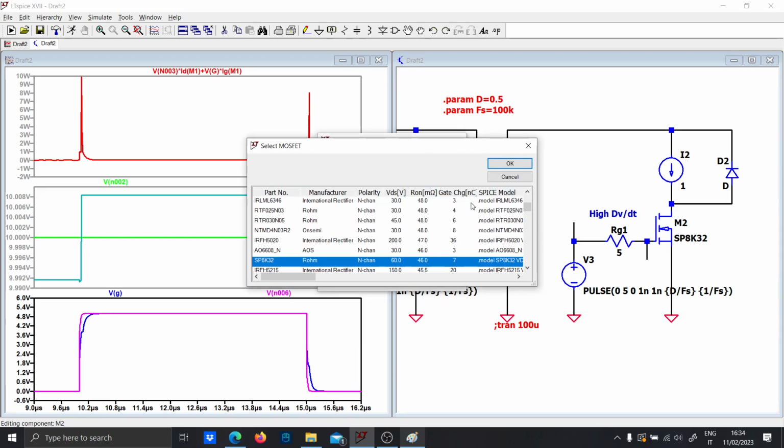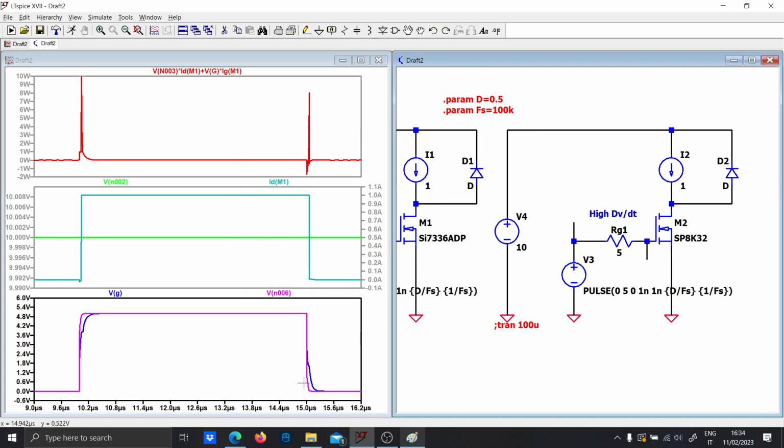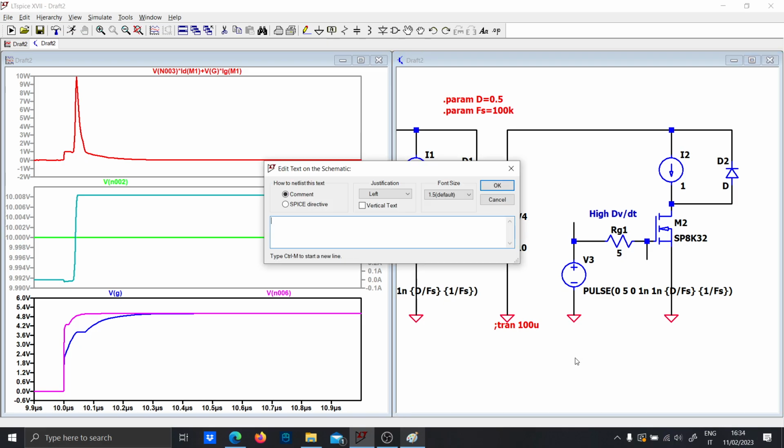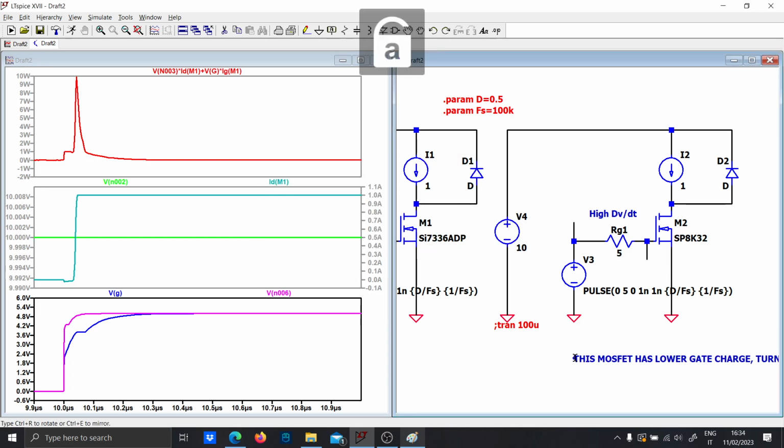So on the right you have a MOSFET with a higher RDS on, but as you can see the gate charge is lower. So as you can see, the rise time with the same gate resistor is different. The difference is that this MOSFET has lower gate charge, so it turns on faster.